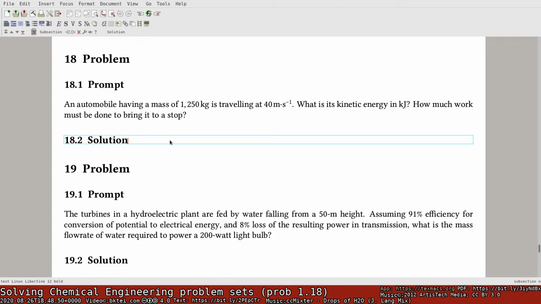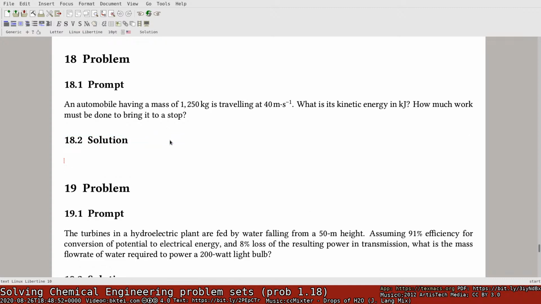Alright, so we've got the concept of braking and energy being converted from kinetic energy into heat. Let's first calculate its kinetic energy in the moving state, and then the final state is when it is stopped. So, solution. There are two states: the automobile is moving and stopped.